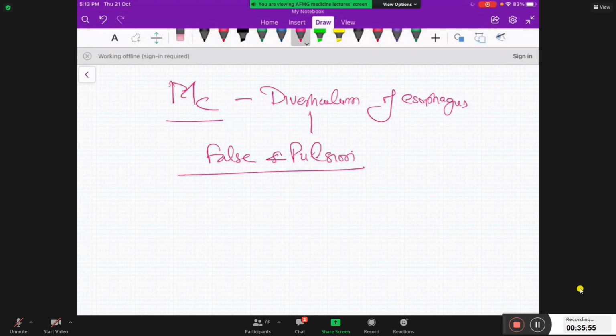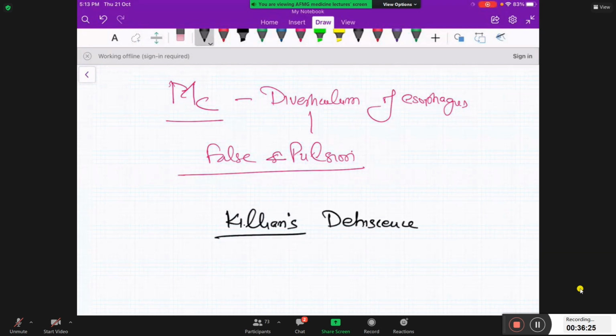So in this condition, because of pressure inside the pharyngeal wall, the mucosa from the pharyngeal wall outpouches. And from where it outpouches, a very commonly asked question, it outpouches from the weak area in the pharyngeal wall. What is the weakest point in the pharyngeal wall? It is Killian's dehiscence. So this Zenker's diverticulum prolapses out from Killian's dehiscence.